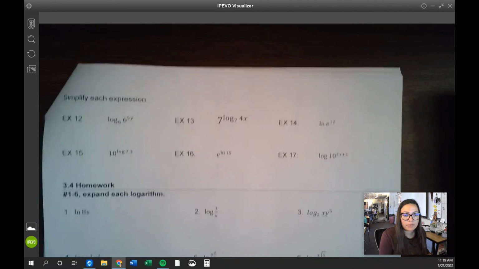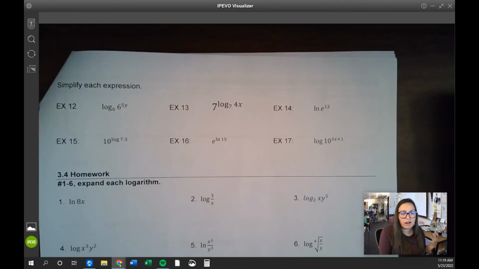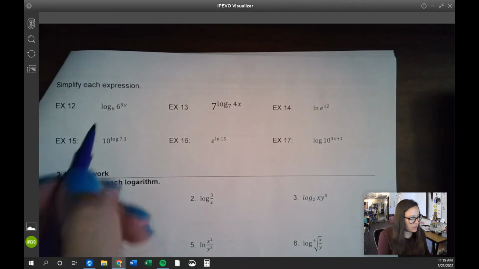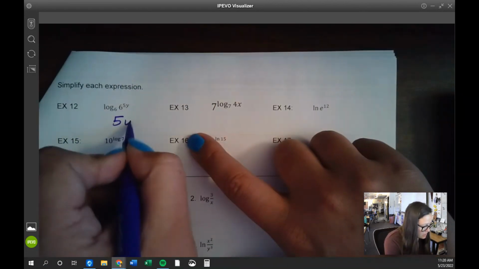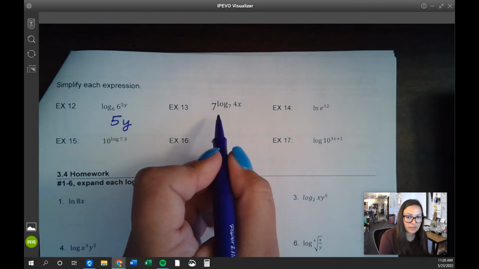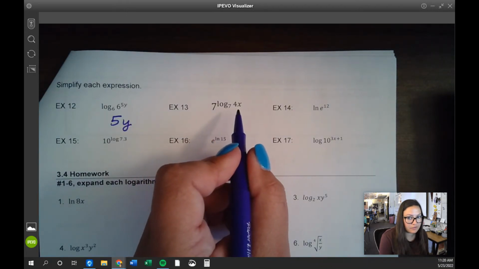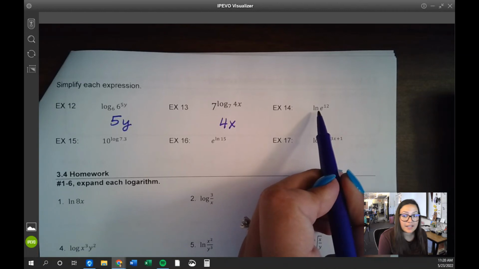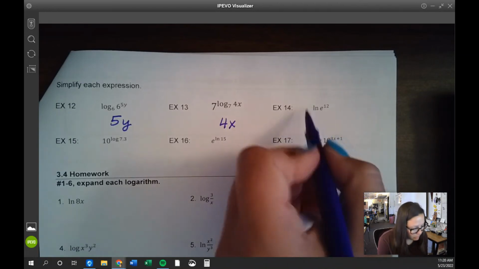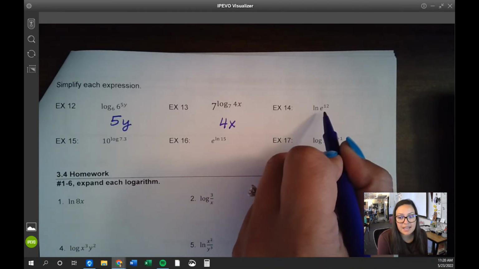All right, so a couple really quick examples just to illustrate this point. So if I have log base 6 of 6 to the 5y, this is literally just 5y. 7 to the log base 7 of 4x is just 4x. Okay, natural log. Natural log, remember, is log base e.